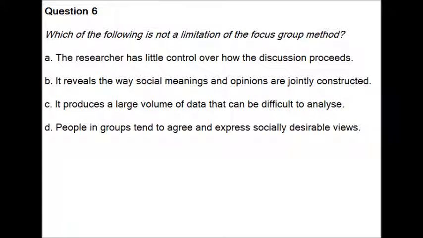C. It produces a large volume of data that can be difficult to analyze. D. People in groups tend to agree and express socially desirable views. The right answer is B. It reveals the way social meanings and opinions are jointly constructed.